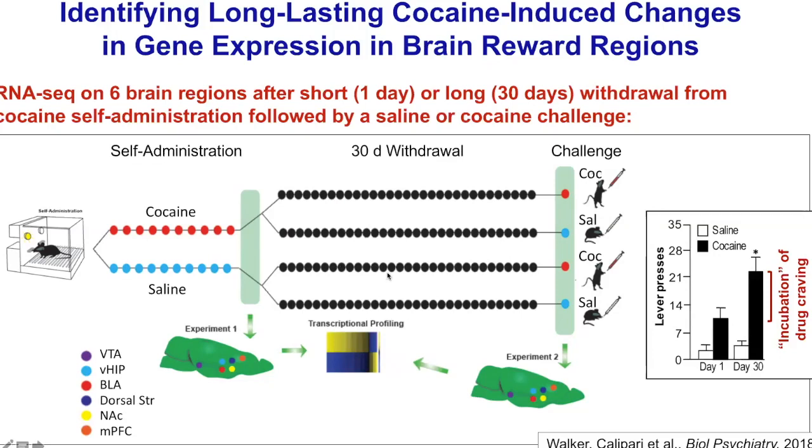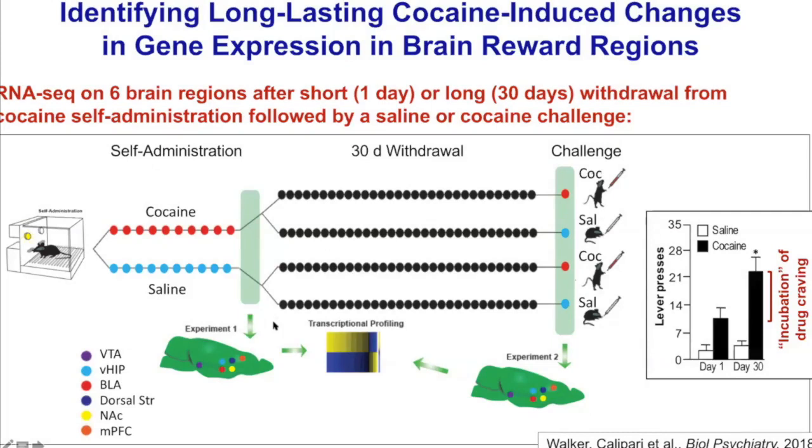This 30-day withdrawal period is important because in rodents, especially with some human data also, what we know is that an animal's craving increases during this period. That's shown at the inset toward the right, where if an animal is put back in a cage after 24 hours, they will return to a lever and press it, even if the lever is turned off, it no longer delivers cocaine.